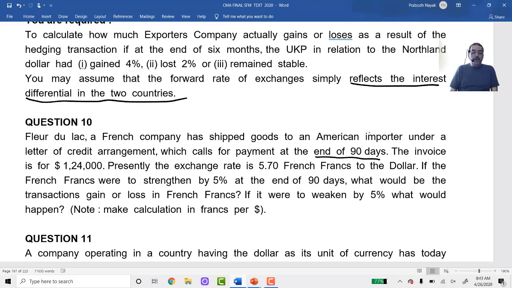The invoice was for $1,24,000. Presently, the exchange rate is 5.70 French francs to the dollar.